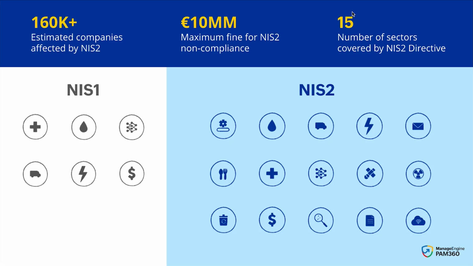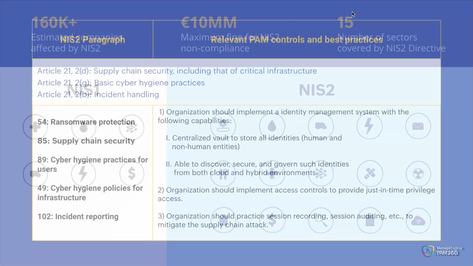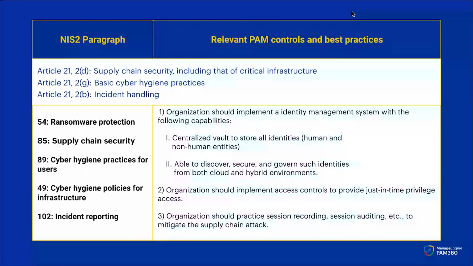So we sat down with our legal team, and these are just highlighted paragraphs for your reference at the moment. We figured out controls and how our product fits into these requirements, and how our products help you achieve certain requirements that NIS2 actually calls for. The paragraphs that PAM controls as a whole address are 54, 85, 89, 49, and 102, specifically ransomware protection, supply chain security, cyber hygiene practices for users and infrastructure, and incident reporting.